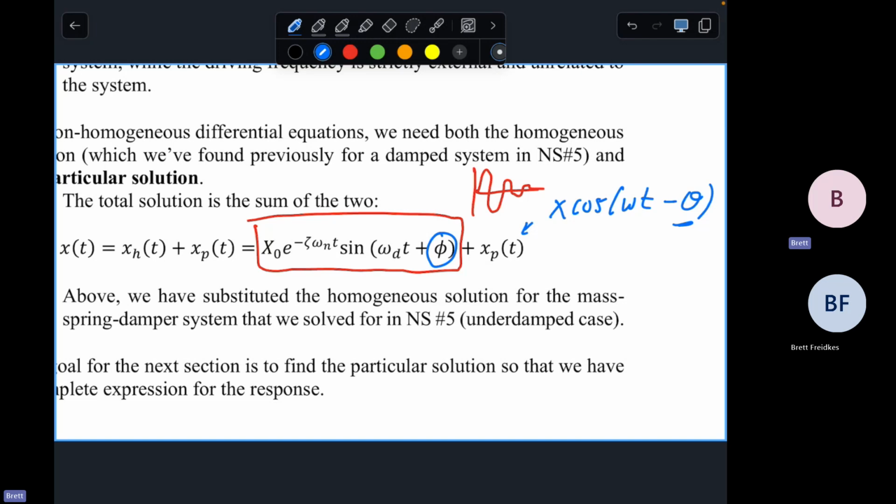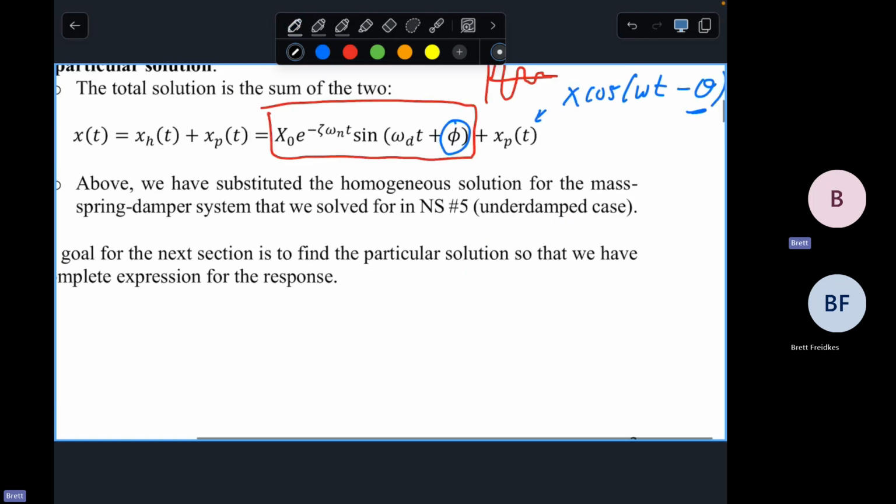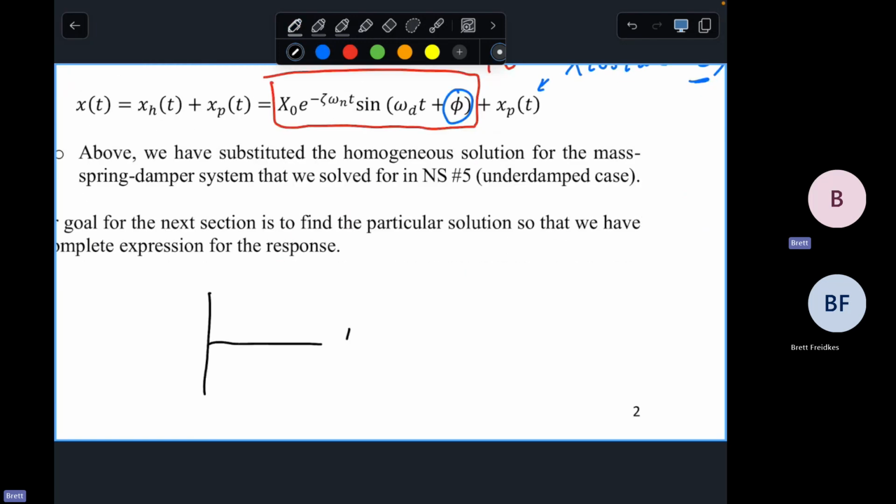Do we buy that? I can draw a picture real quick just to show that. If I have your standard sine wave, this is just sine of omega n t, let's say. Depending on the initial conditions, this graph might look like this, which is still sine of omega n t, but now it's been shifted.